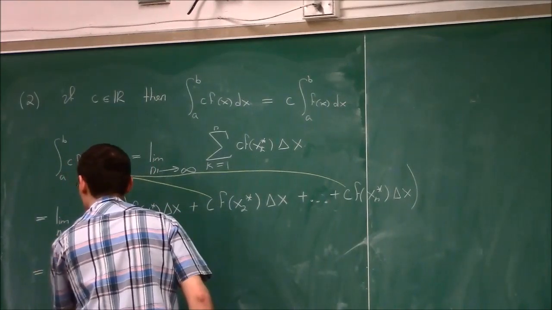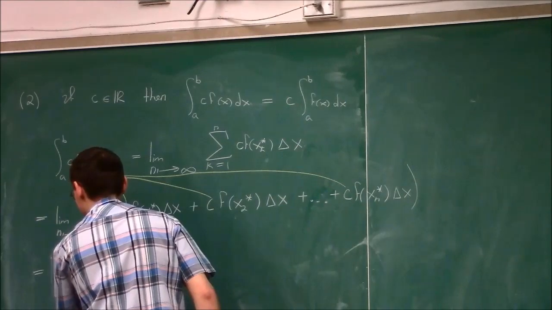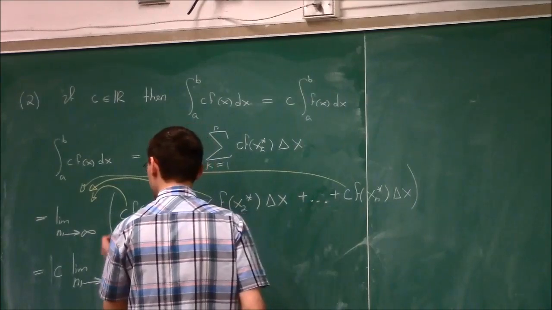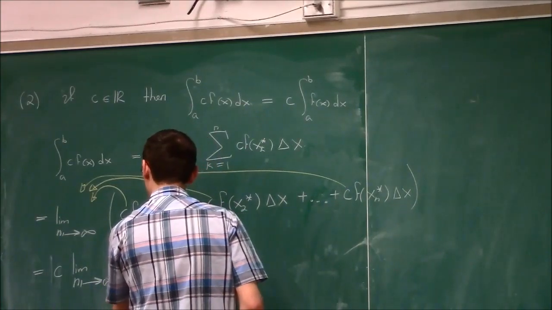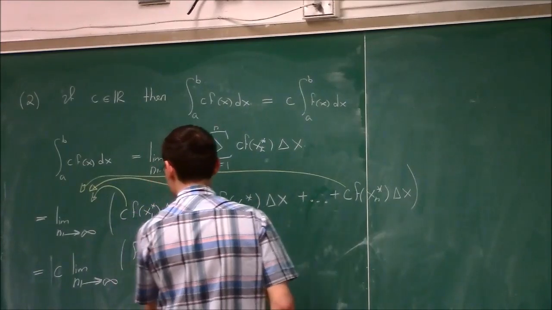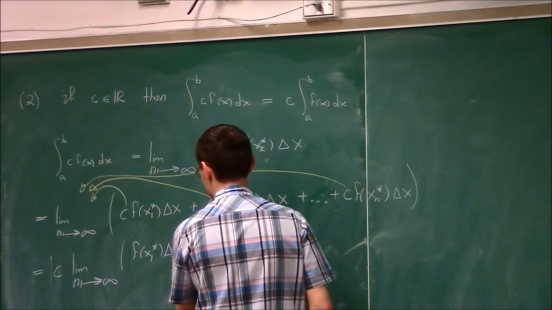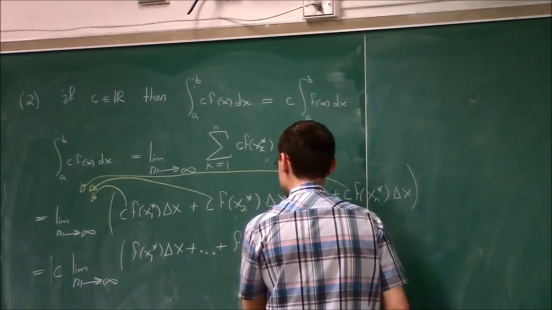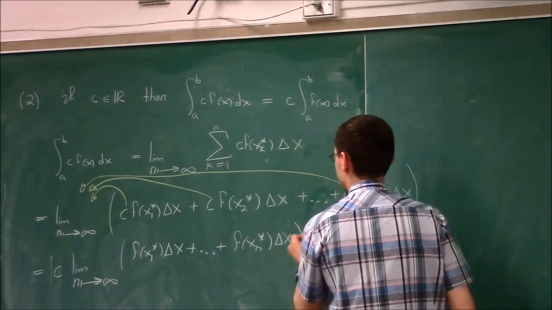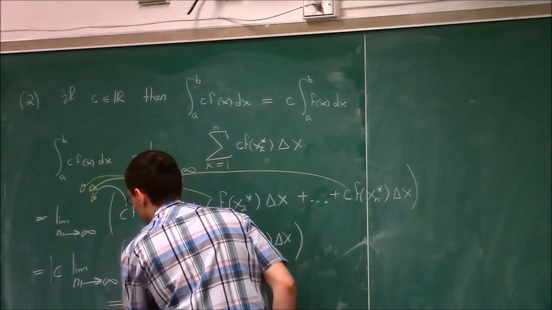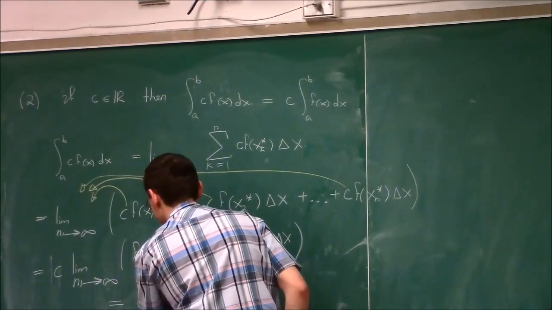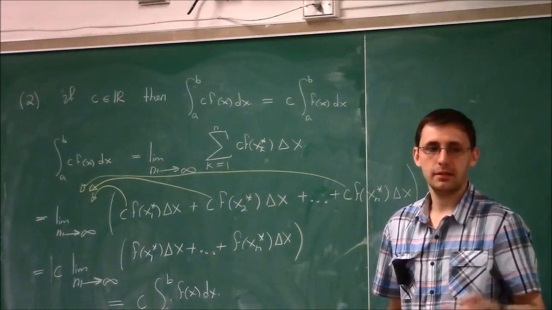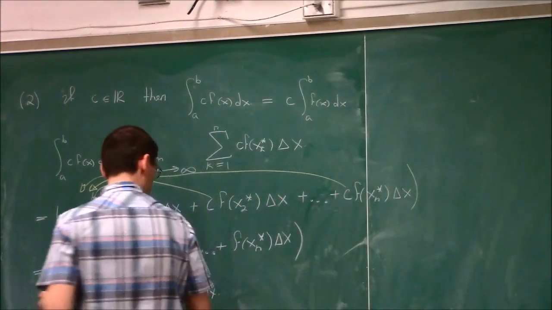So this is C times the limit as n goes to infinity of f of x_1 star delta x plus, and so on, plus f of x_n star delta x, which is simply C times the integral from a to b of f of x dx. Make sense? Very obvious why you can factor the constant out.